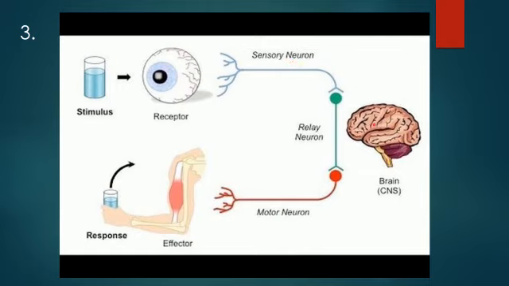The brain will give an order to the hand by means of another set of cells called the motor neurons or motor cells to pick up the glass of water. So this is also an example of stimulus and response. This was all about today's lecture.